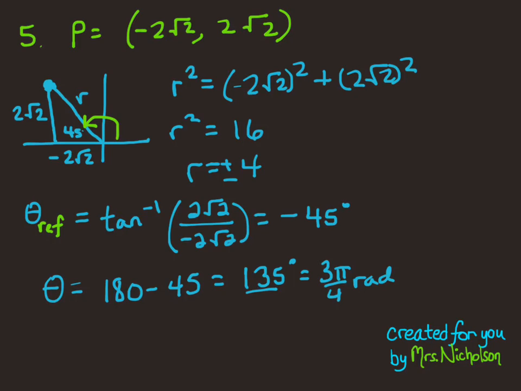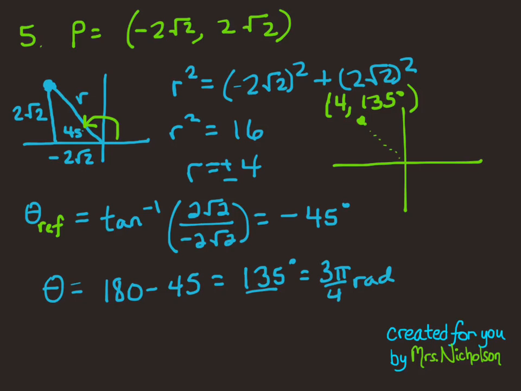Now remember, with polar graphing, you can have multiple coordinates for the same point. So I'm going to redraw our point over here, and remember that it's 135 degrees. And I'll draw this in just for reference.